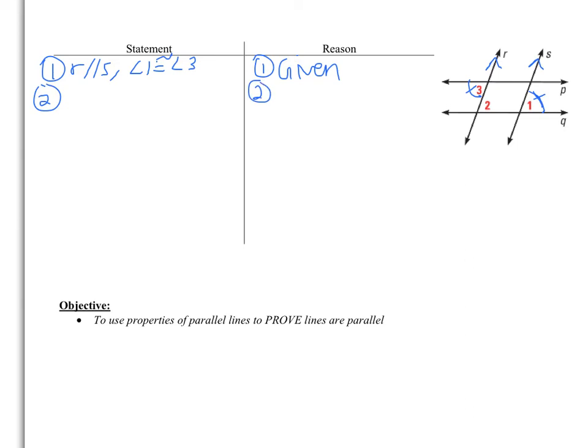Okay. Now if I look at R and S, my parallel lines, I notice that angles 1 and 2 form a special angle pair. They are corresponding angles. So my next statement could be that angle 1 is congruent to angle 2. And that's because if we have lines that are parallel, the corresponding angles have to be congruent.